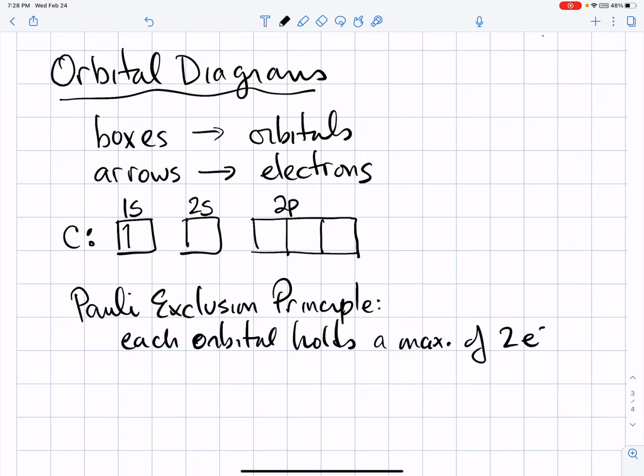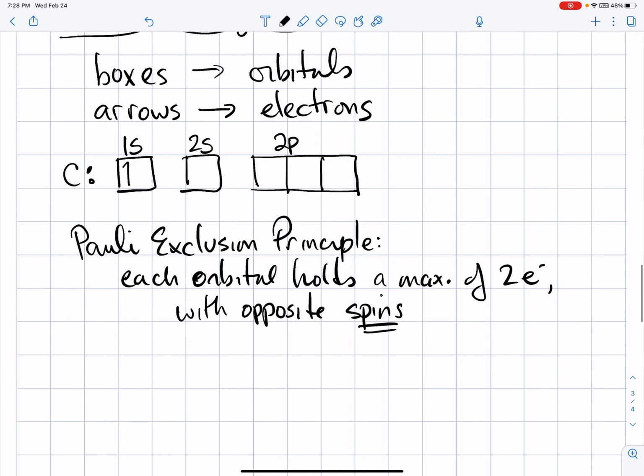That's the part we talked about in our earlier video. But remember, there's more to it than that. With opposite spins, right? So you remember we said in our notes that we envision that an electron is like a particle.